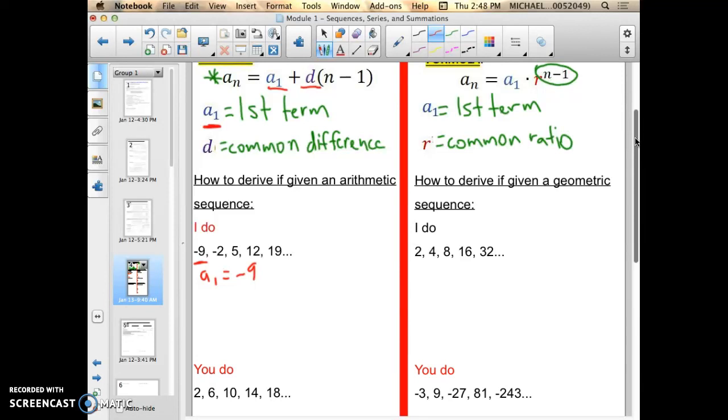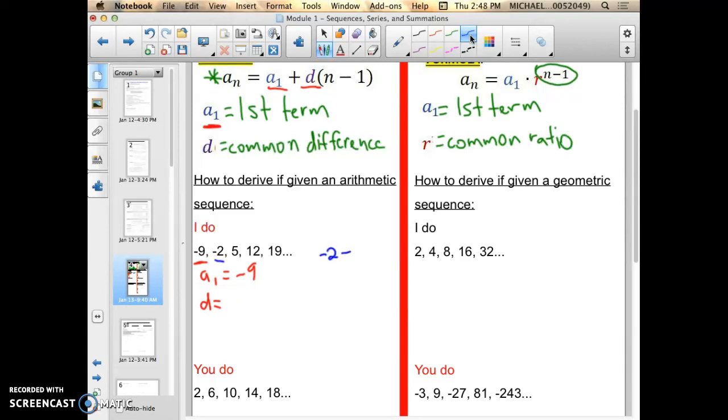Now I have to find the d as well as my other unknown variable. So in order to find the d, there is some math that needs to be done, and I'll show that math over here to the right. Remember, in order to find a common difference, you have to take any given term of the sequence and subtract the term before it from it. I'm going to take the second term. I'll do this in blue. The second term is negative 2.